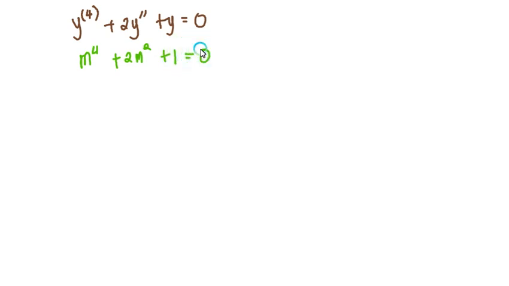So, m to the fourth plus 2m squared plus 1 is equals to 0. This is our auxiliary nga solution. Okay, so ang end nga part is 1.